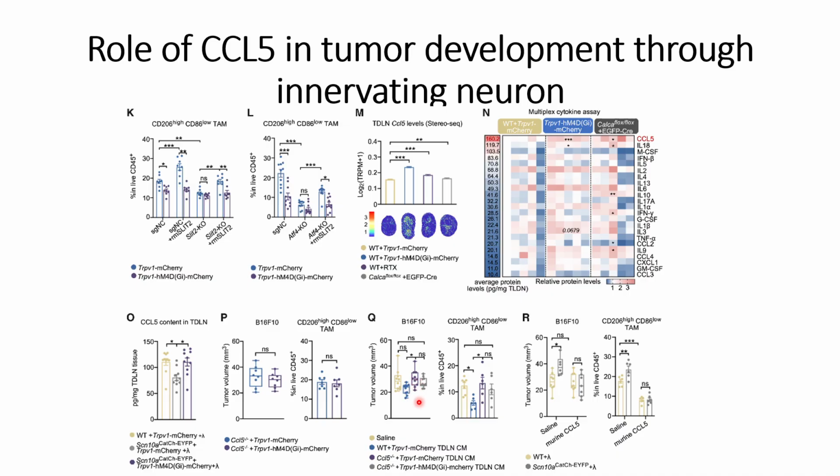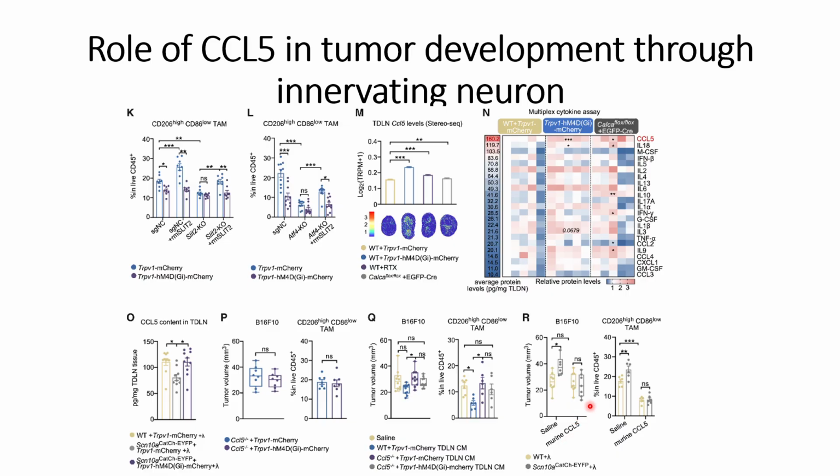Similar trends are observed for the tumor-associated macrophages. This goes up compared to the wild type case where CCL5 is present. In the absence of CCL5, the tumor volume goes up. Thereafter, they injected a different model where they increase the amount of CCL5 using murine CCL5.